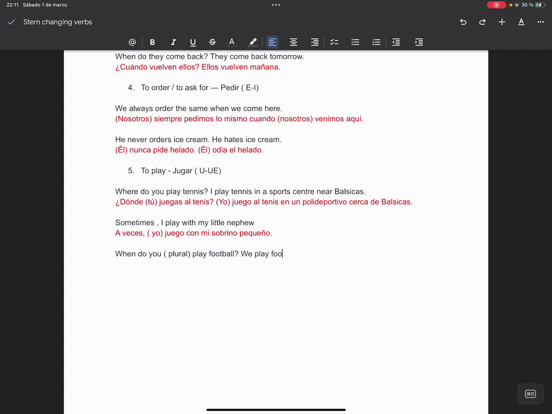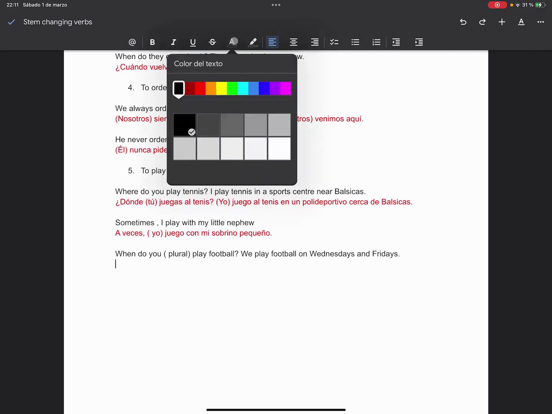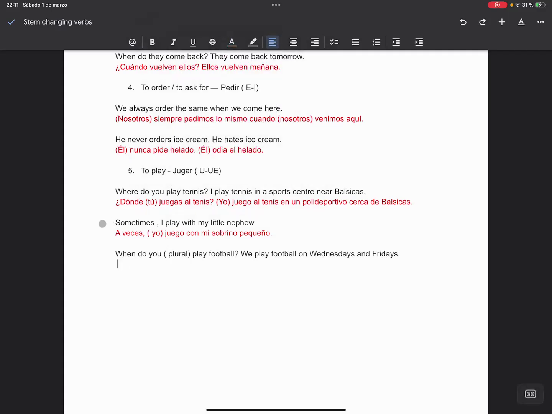We play football on Wednesdays and Fridays, for example. ¿Vale? Okay, we're still using the verb jugar, but now we are using it for a you plural, vosotros, and a we. Do you think there will be changes?